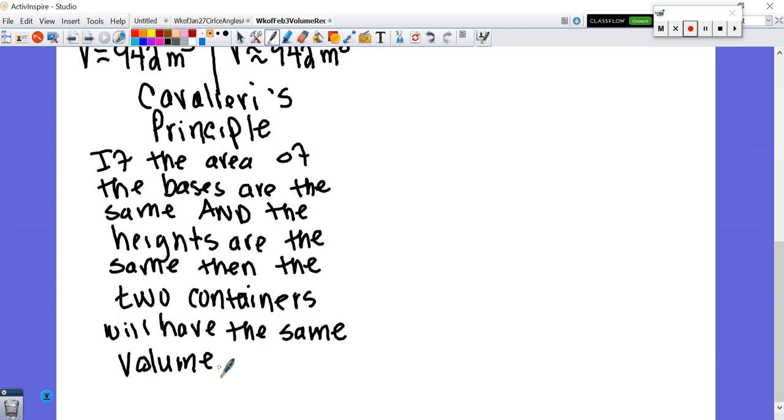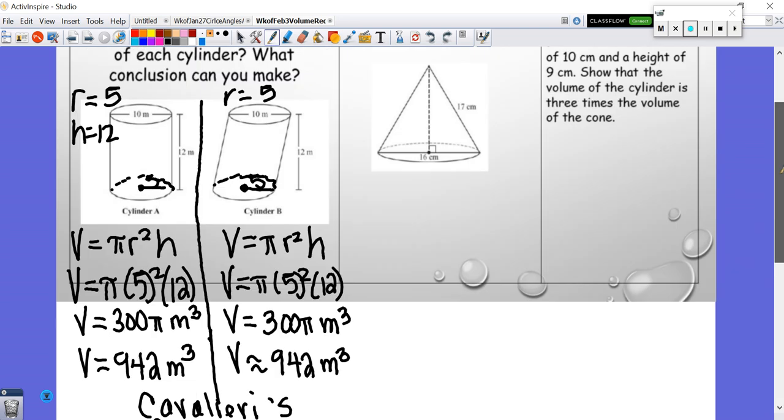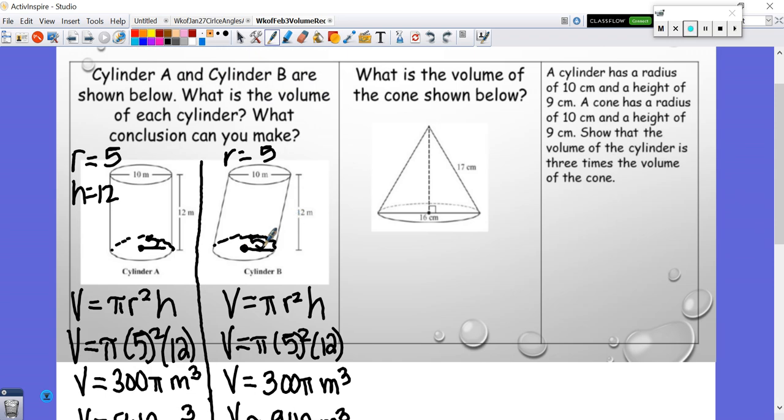And that's Cavalieri's principle. So no matter whether it's slanted, to the left, to the right, stacked all kind of crazy ways, as long as the heights are the same and the areas of the bases are the same, then you know they're going to have the same volume.